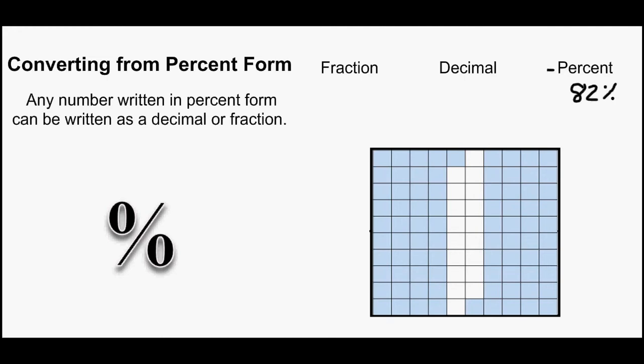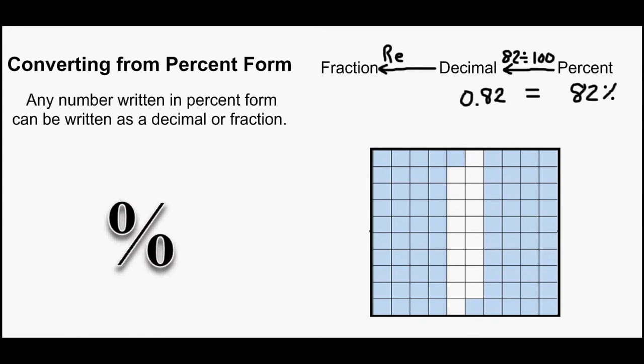We can change that to its decimal form by taking 82 and dividing it by 100. 82 divided by 100 is the decimal 82 hundredths. 82 hundredths equals 82%. Now, let's change our decimal form back to a fraction.